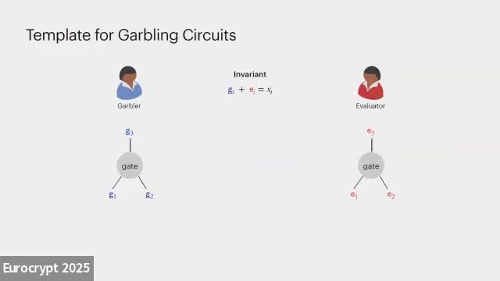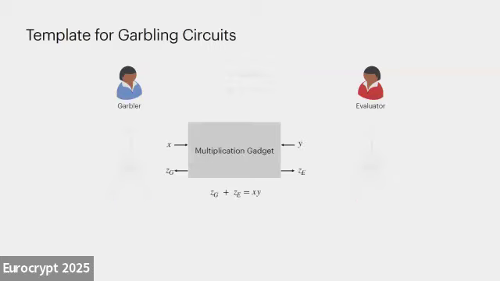So now the main question is, how do we maintain this invariant? Most of the garbling schemes rely on what is known as a multiplication gadget, which essentially takes a value x from the garbler, a value y from the evaluator, and outputs shares of their product. What we want is to realize this primitive with a single message communicated from the garbler to the evaluator, and this message can then later be included in the garbled circuit.